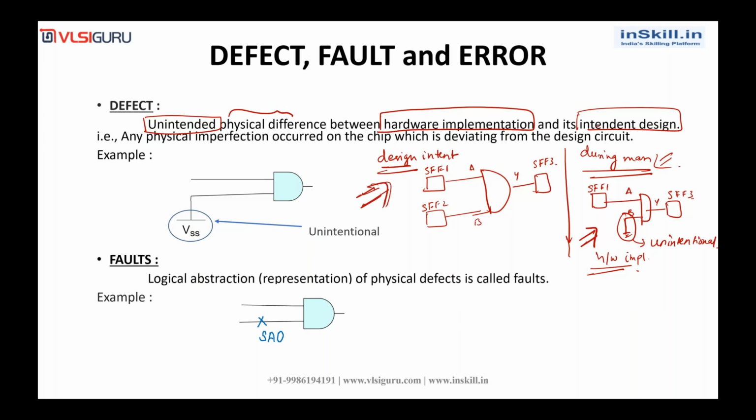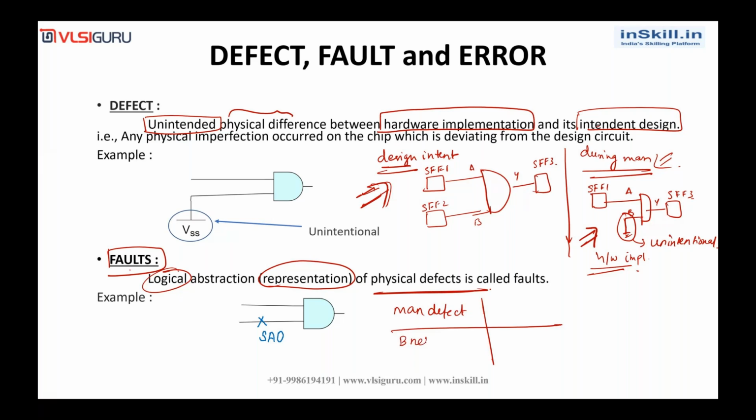And next is faults. The logical representation of physical defects is called a fault. The above physical or manufacturing defect that we have seen is nothing but the B net of the AND gate being tied to ground.